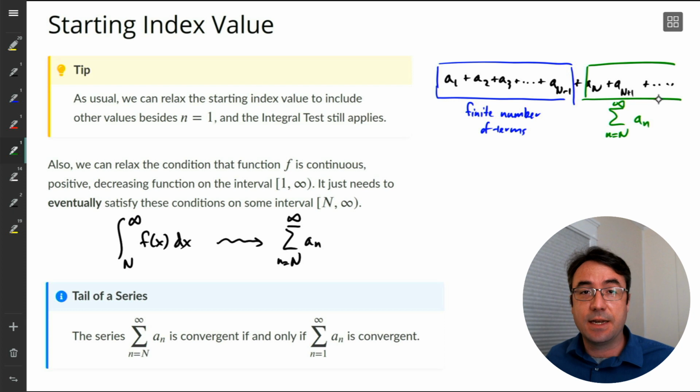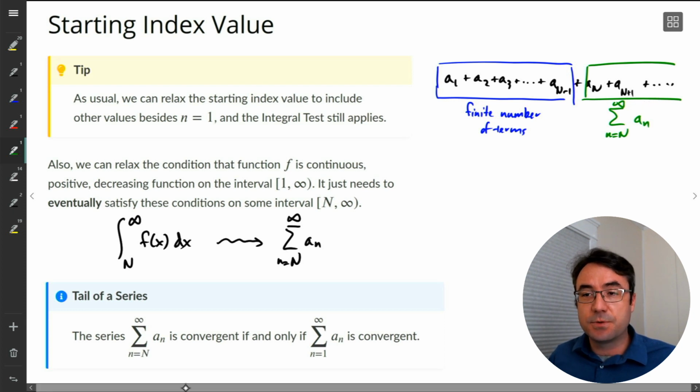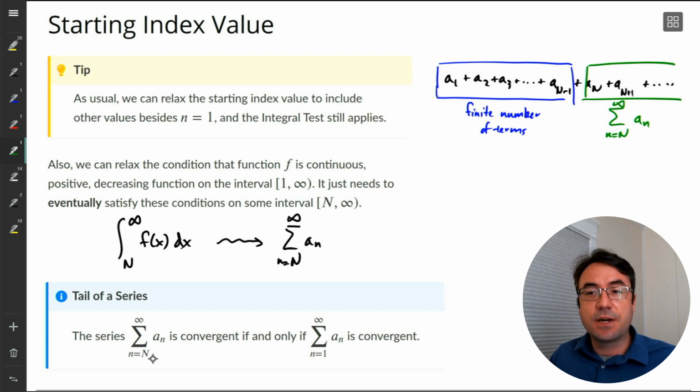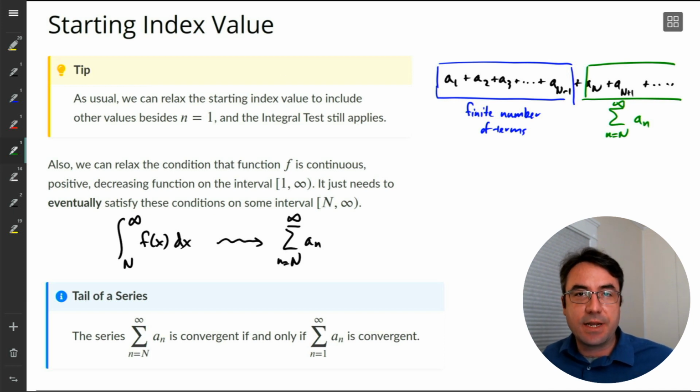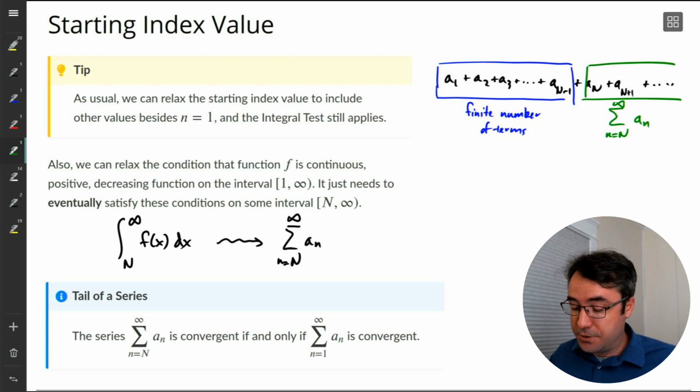And so that's what this result says. If we look at the series where we start at some other index capital N, that series is convergent if and only if the original series starting with index 1 is convergent. All right, so we can always relax this starting index value a little bit, and also the conditions on our function.